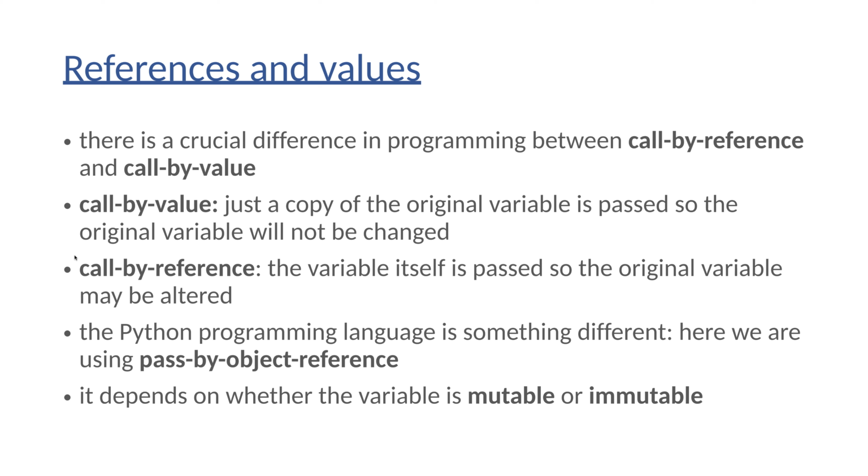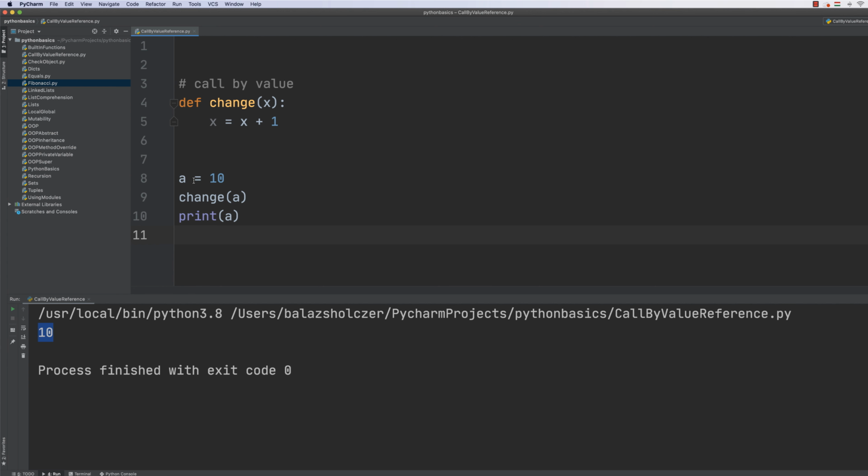If you may recall what we talked about a few lectures earlier, in Python every variable is an object basically. So we may come to the conclusion that call by reference is going to be applied. But of course this is not the case.